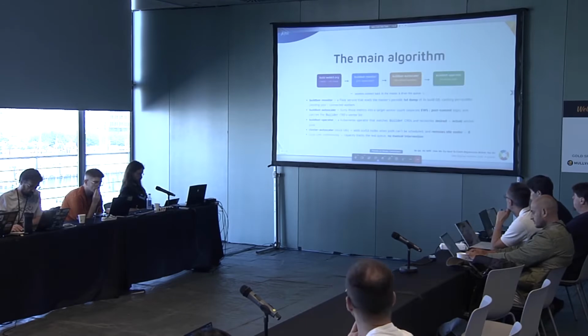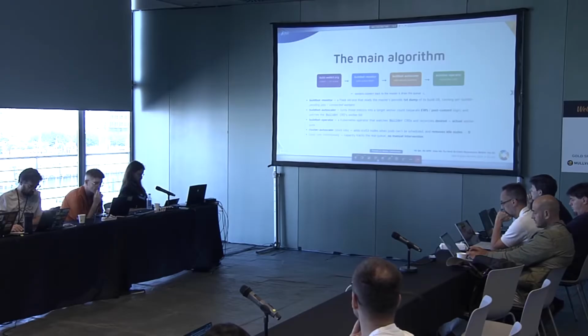So the main algorithm, how all of this works, is we basically have a service running, the build-board monitor, which periodically looks in build WebKit org for each of the builders, how many builds are in the queue right now, running, pending, and how many workers are connected right now. So if a queue is idle, there will be no workers connected, so we scale them down to 0.